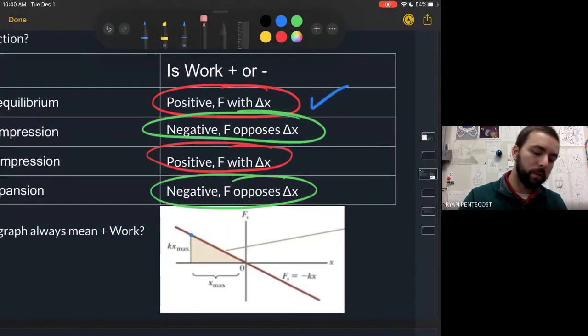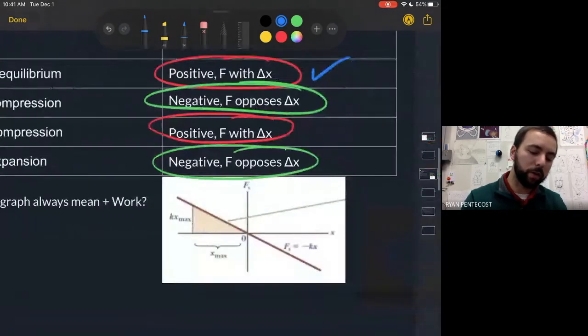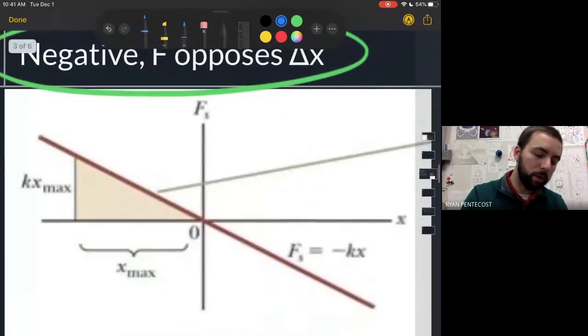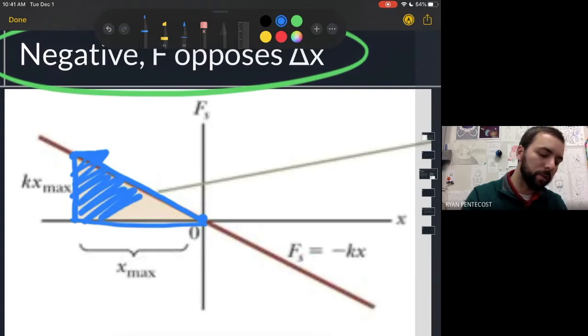Next, if we want to look at the next scenario, we have the work done by the spring going from equilibrium to compression. So if we look at equilibrium, and then we're going to compression, you're going in this direction. This is going to be a little different, right? So yes, the area is positive.